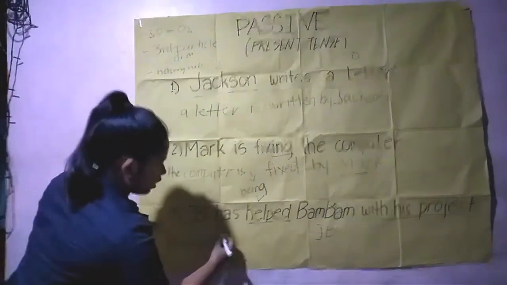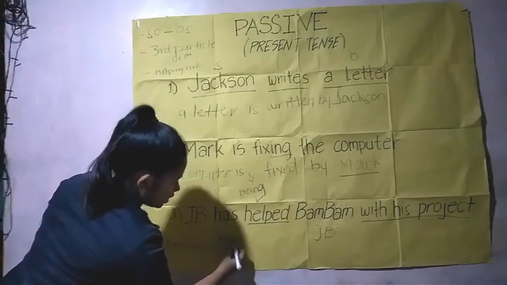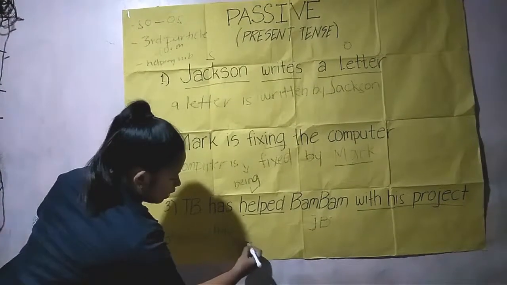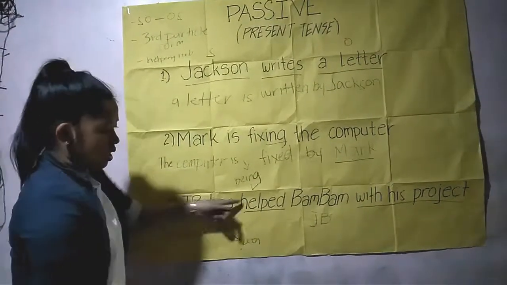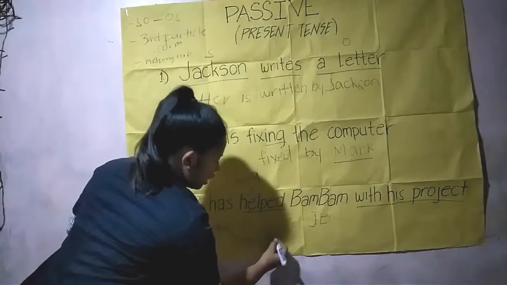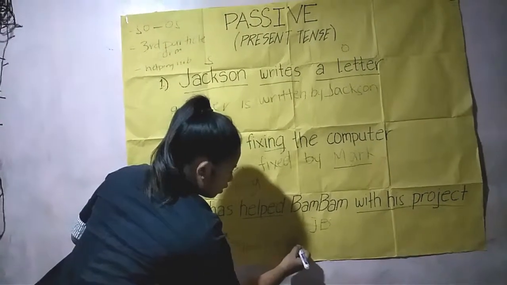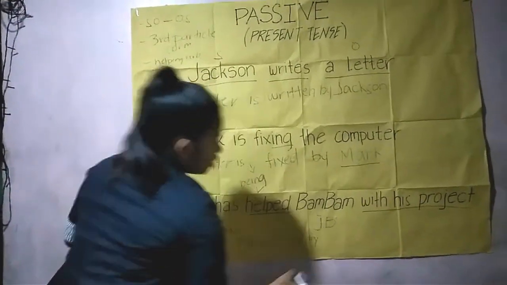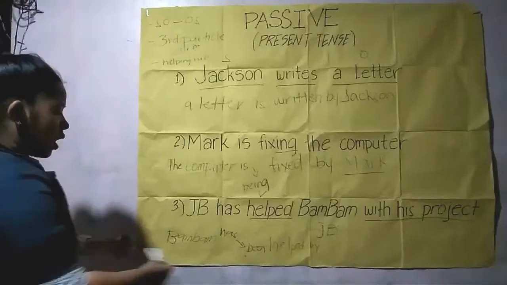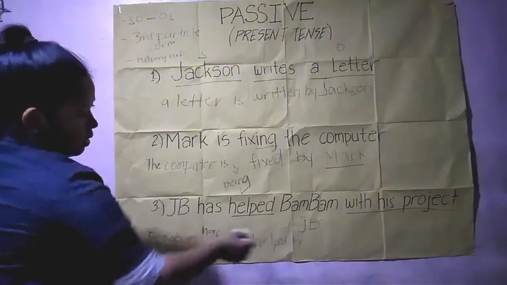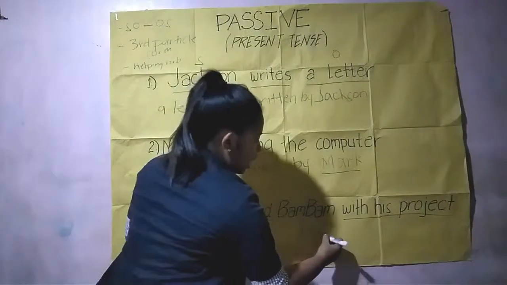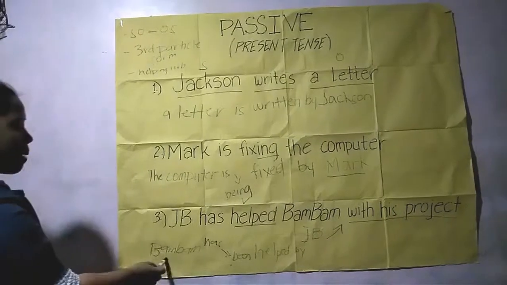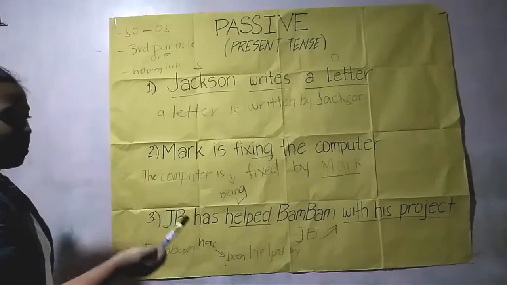So, we will put has been, then put here, helped, and the addition of by. So, if we read the sentence, Bam Bam has been helped by JB. Then, add the rest of the sentence, with his project. So, if we read this, Bam Bam has been helped by JB with his project.